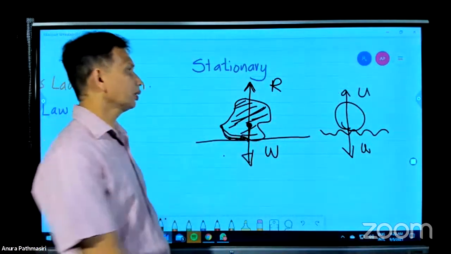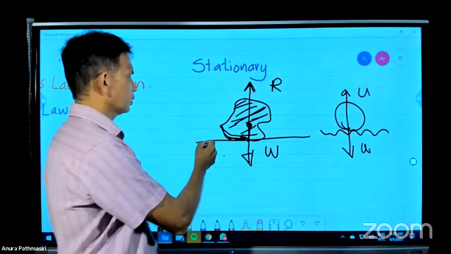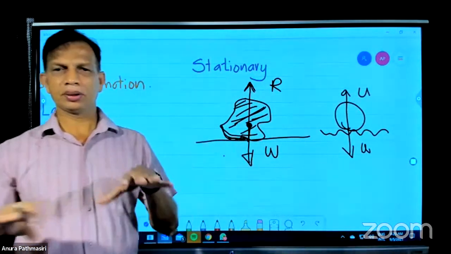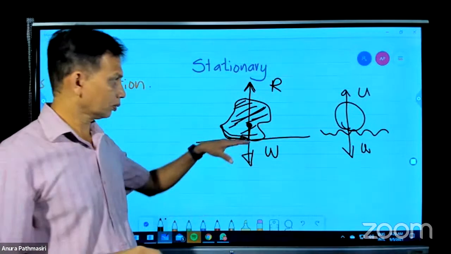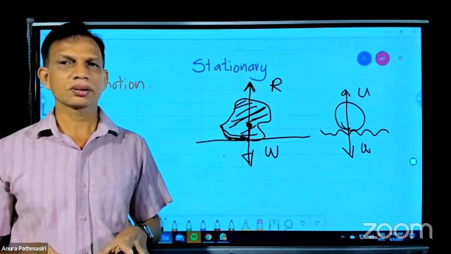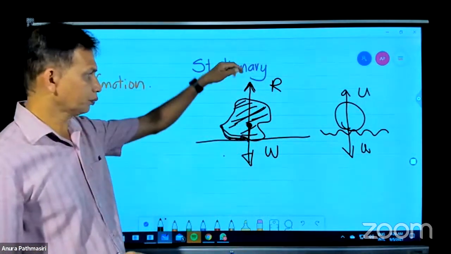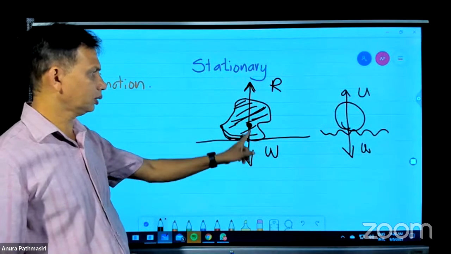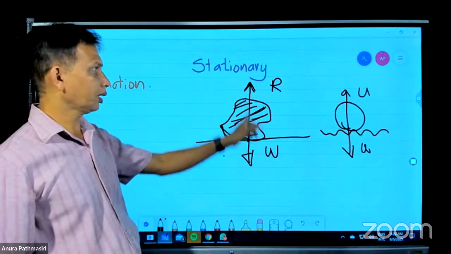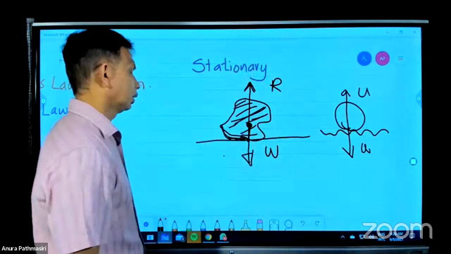So we are not considering this one, but this one. That is, when an object is kept on any surface, the object has two forces: W downwards and the normal reactive force, capital R, upward.